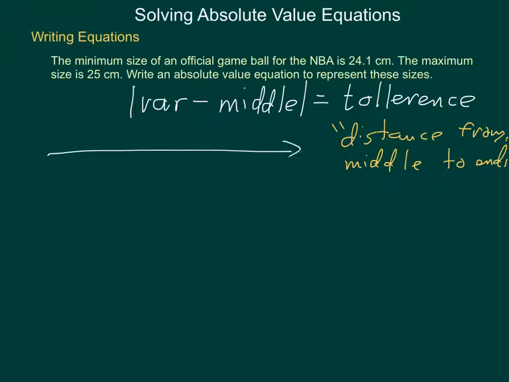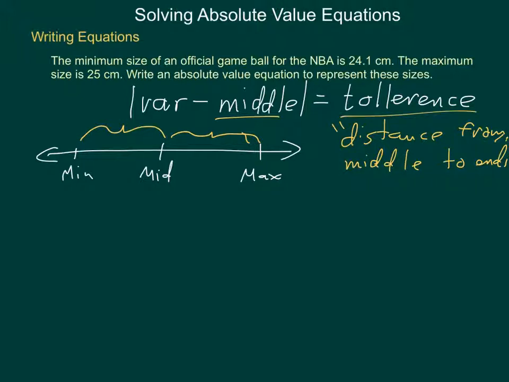Here's my number line. Here's my middle accepted value. I have a max and a min. That distance from minimum to middle or from middle to maximum is the tolerance. So what we need to do is find those two values in order to write this equation.